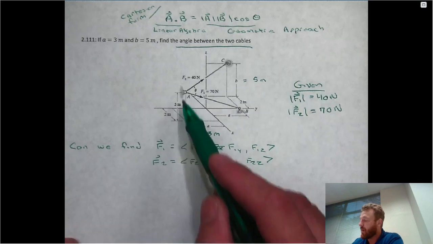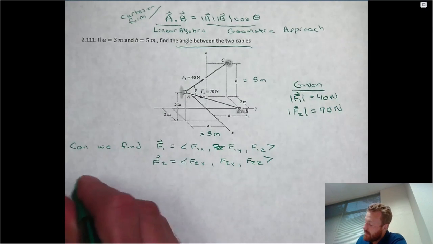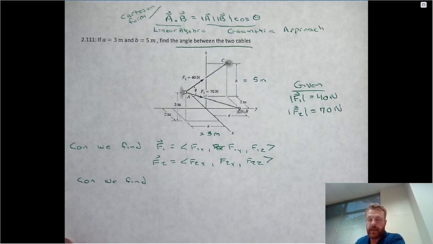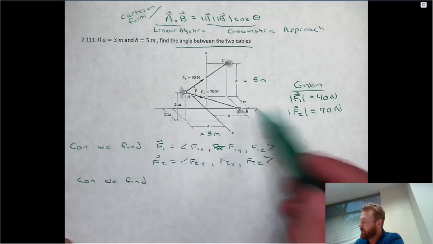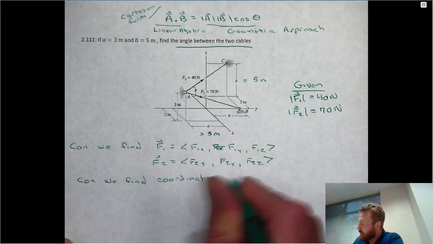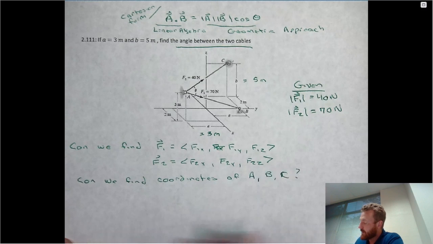Their direction is just along the cable itself. So what this boils down to is, can we find the coordinates in space of the three relevant points in this problem, which are point A, point B, and point C?